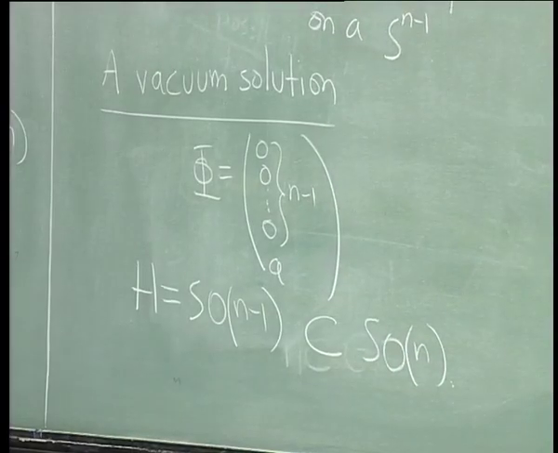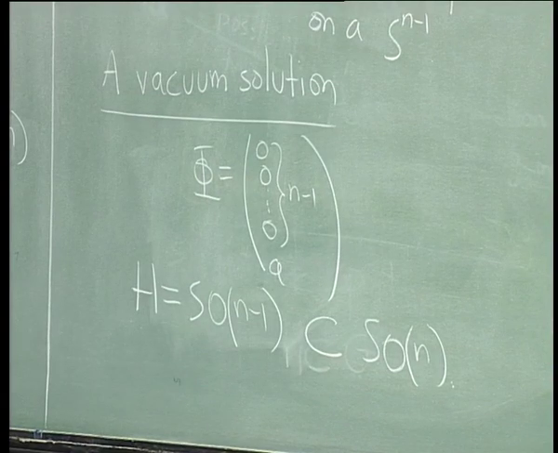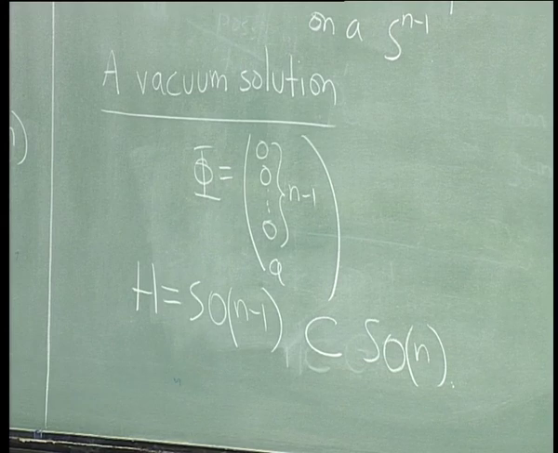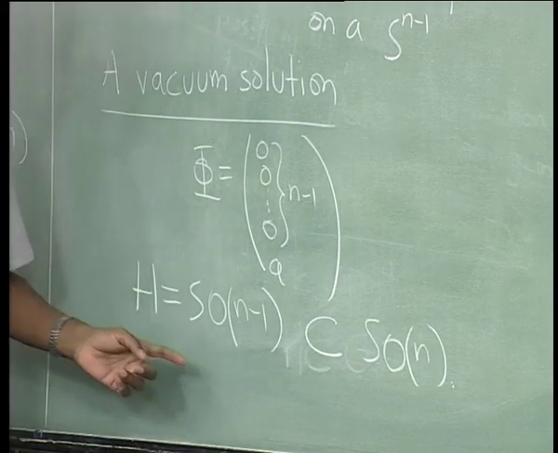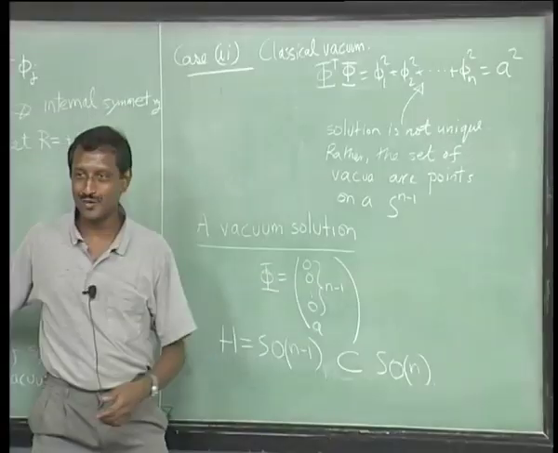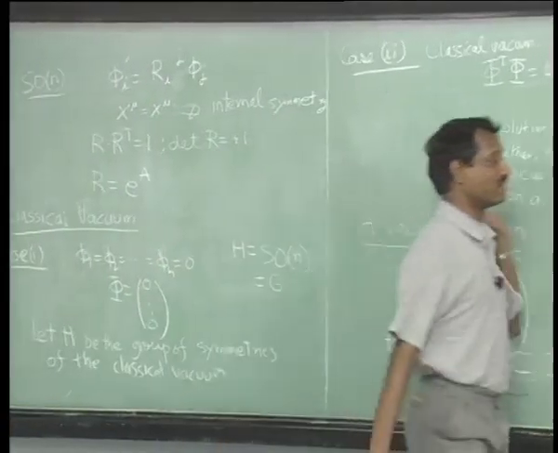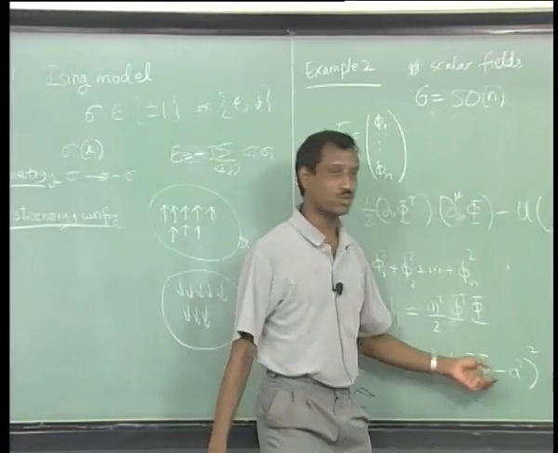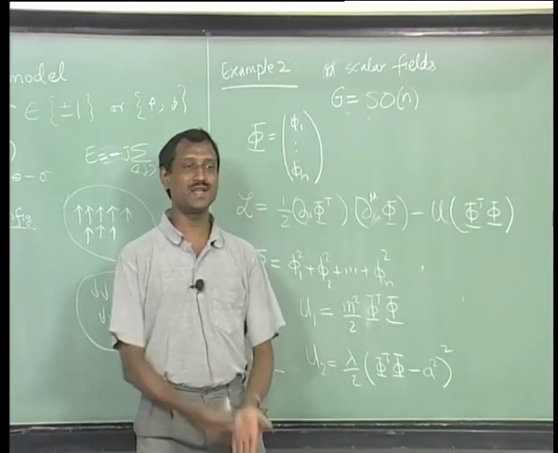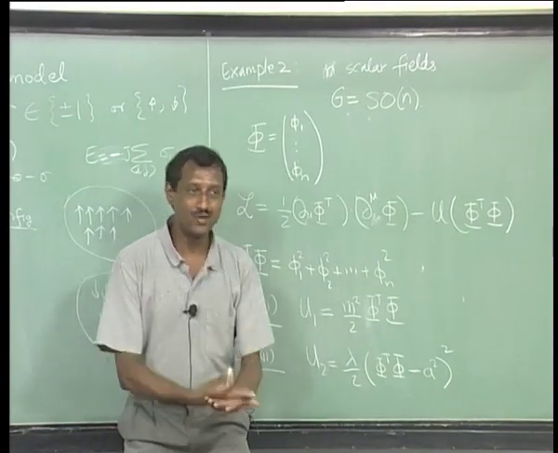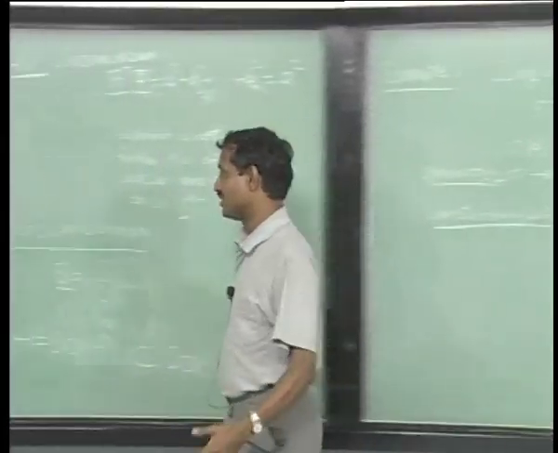Of course, you could do this if you think of a as a free parameter. If you take a to 0, suddenly you find an enlargement of the symmetry, and H becomes everything. Then it goes back to the earlier case, even though it is not m squared phi to the power 4, it is some 4th power, but nevertheless it still has the same property that the lowest energy configuration is the same as out here.